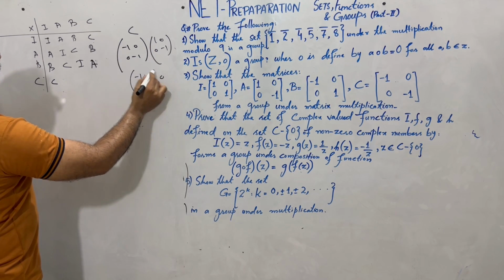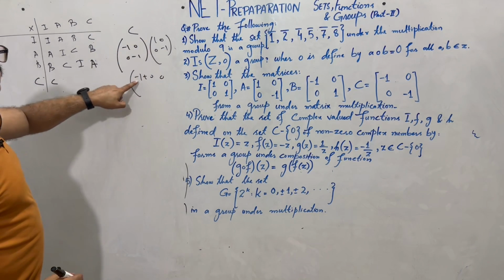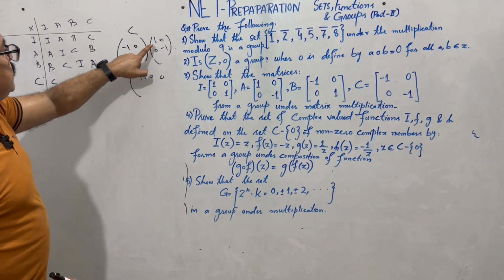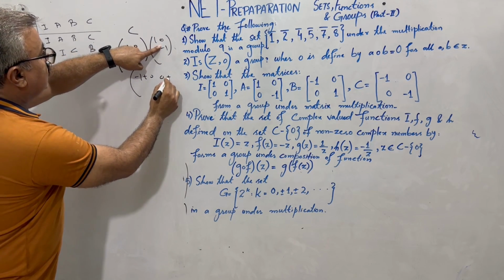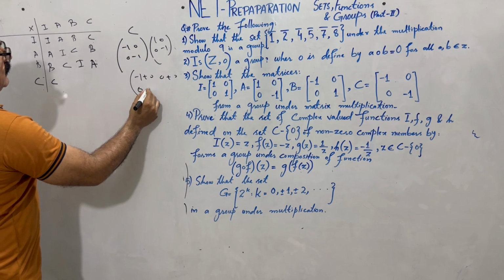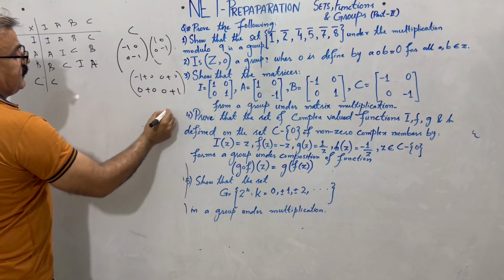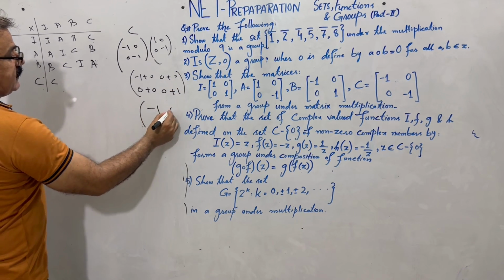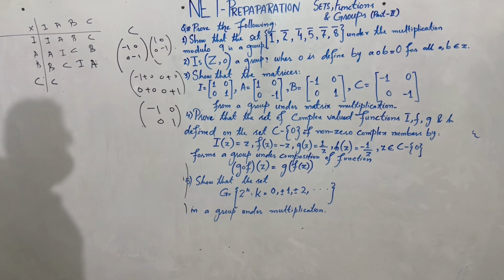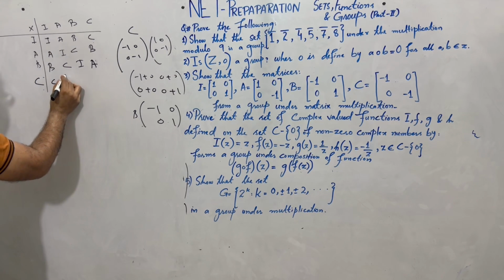Similarly, minus 1 times 1, it's minus 1. 0 times 0 is our 0. Then minus 1 times 0 is my 0. 0 times minus 1 is our 0. 0 times 1, 0. Minus 1 times 0, 0. 0 times 0 is 0. Minus 1 times minus 1, it's plus 1. I will get [-1 0; 0 1]. It's equal to B. So C times A is our B.